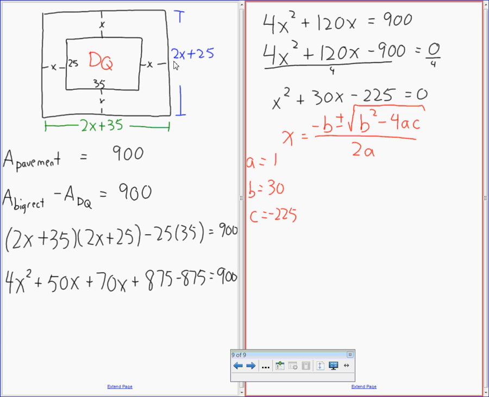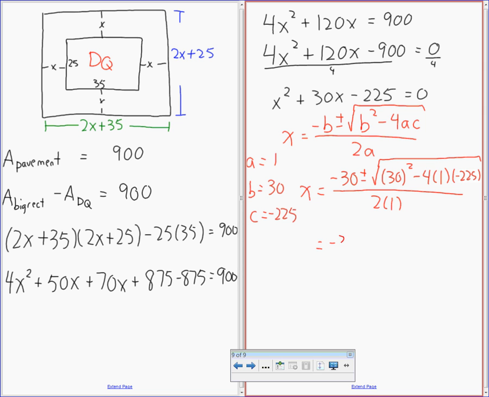Noah, can you sub some numbers in, please? Good. Negative 30 plus or minus the square root of 30 squared minus 4 times 1 times negative 225, all over 2 times 1.